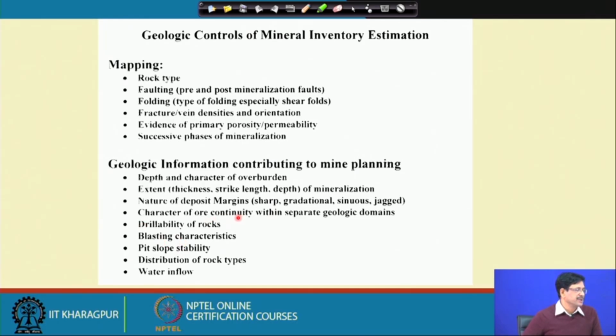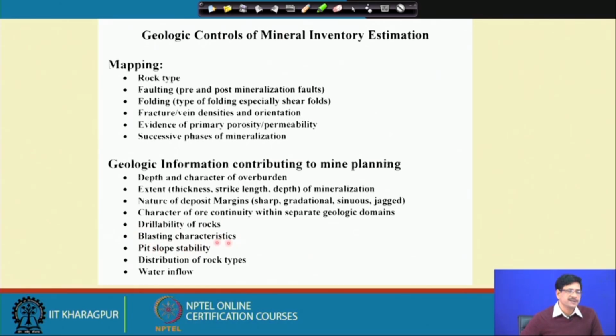Character of the ore continuity within separate geologic domains, and drillability of the rocks, because generally hard crystalline rocks are very difficult to drill, so the proper drilling method has to be chosen, and the different types of problems encountered, such as drill hole deviations and drill core loss, have to be well worked out.